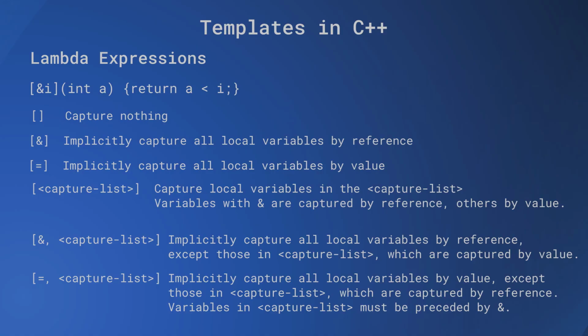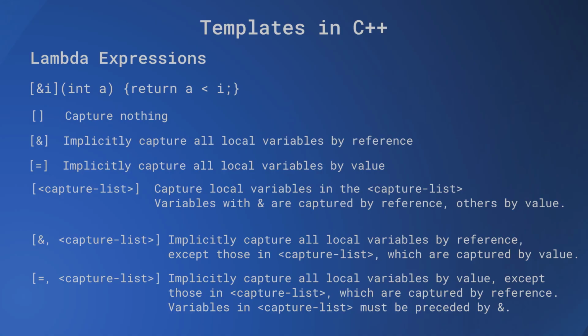If there is a capture list where variables are listed explicitly, only those listed are captured. Variables preceded with an ampersand are captured by reference and the others are captured by value. Ampersand, comma, capture list implicitly captures all variables by reference except those in the capture list, which are captured by value.